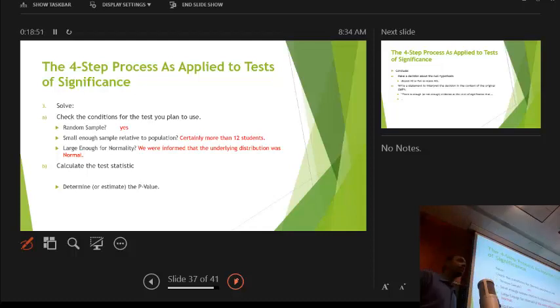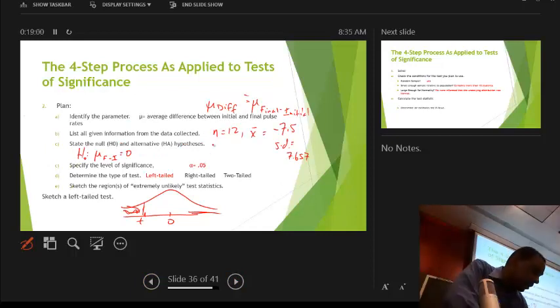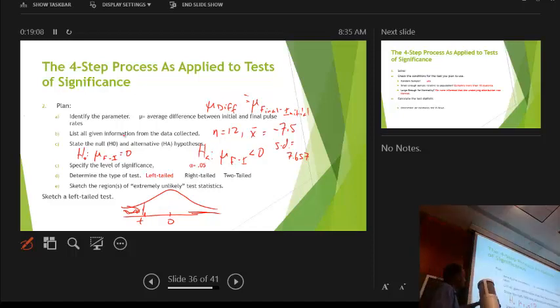Question about the null hypothesis: could it be that the mean of the final is equal to the mean of the initial? Yes, it could be that. Let me write the HA in here too. It could be that the mean of the variable that measures the difference is equal to 0, that there's no difference, which means the average before and the average after are the same.